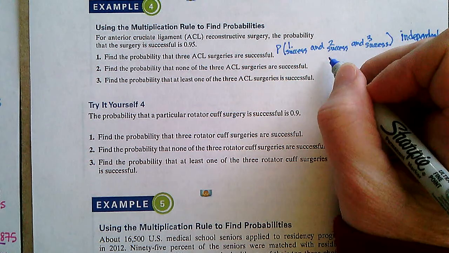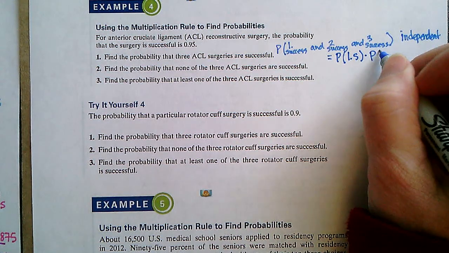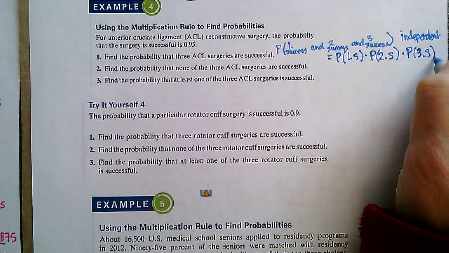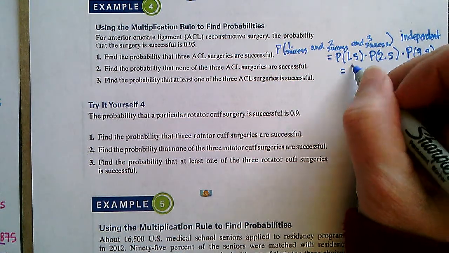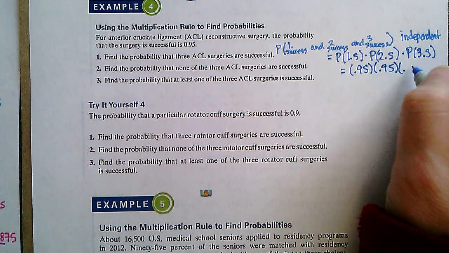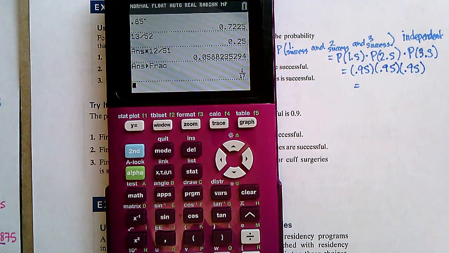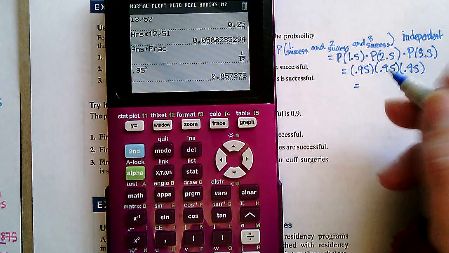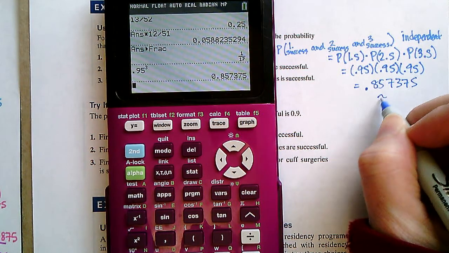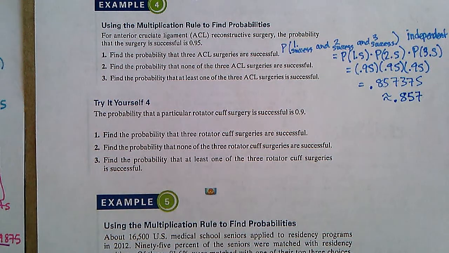So this will be equal to the probability of the first success times the probability of the second success times the probability of the third success, which was 0.95 times 0.95 times 0.95. So that will be 0.857375, or 0.857 for our round off rule.